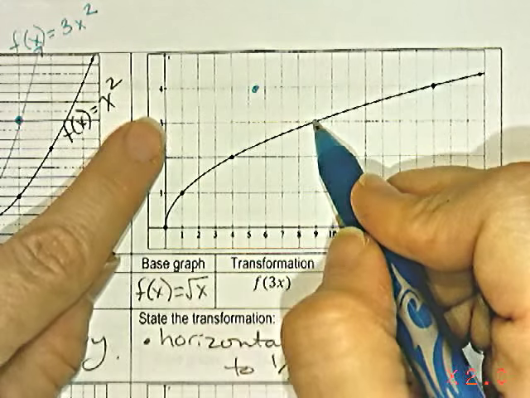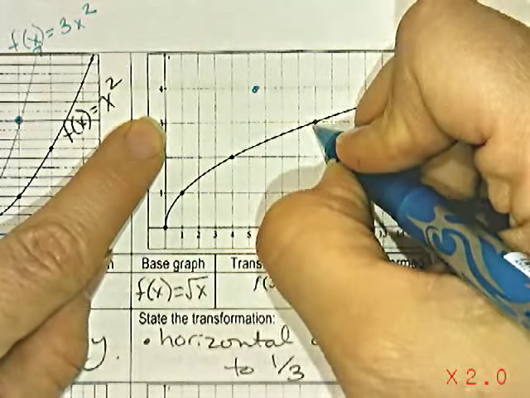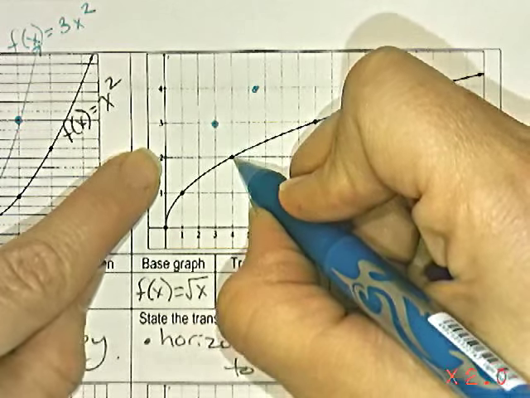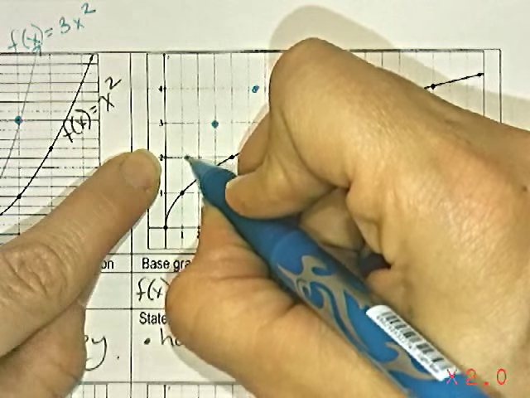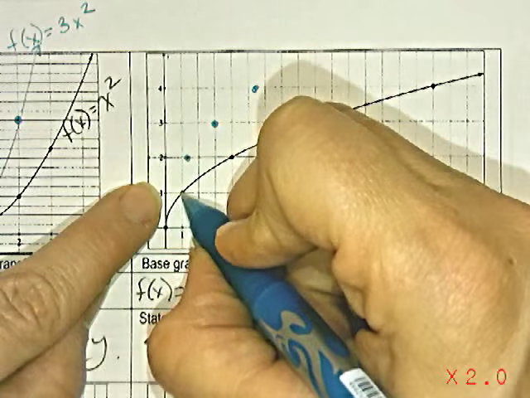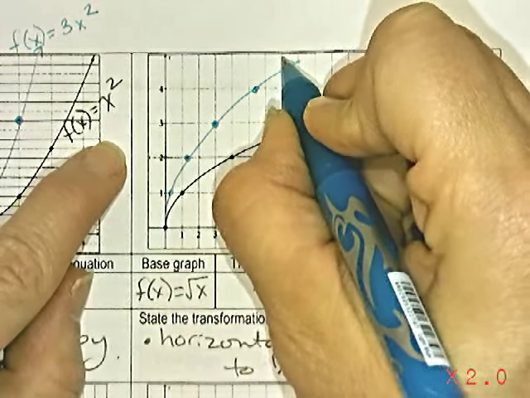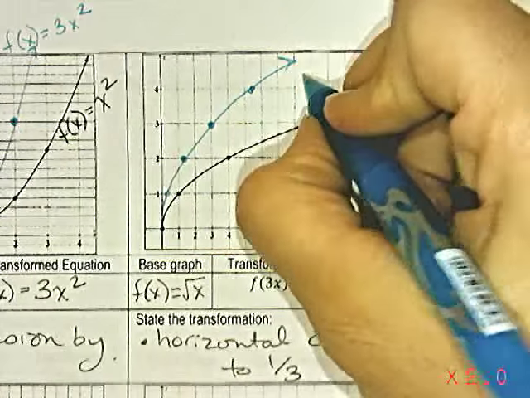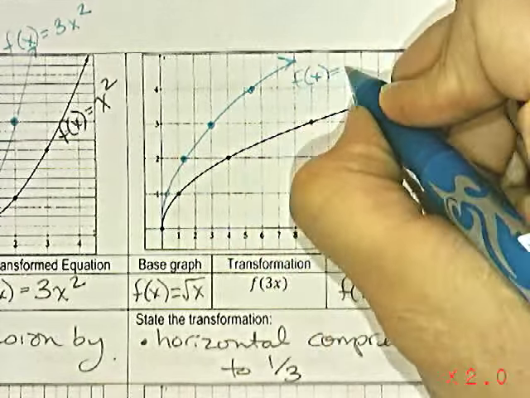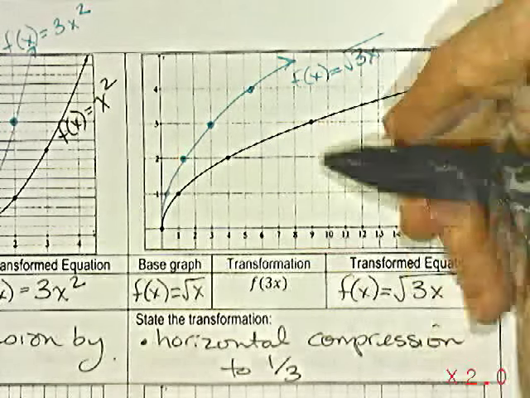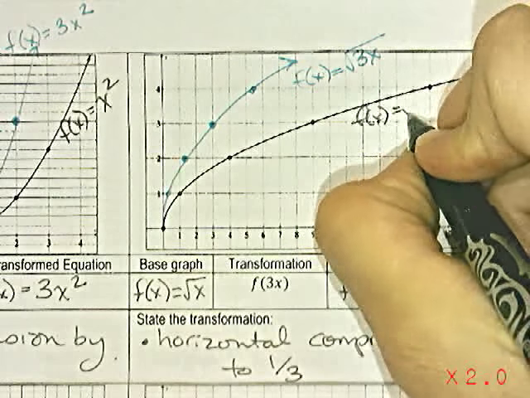We've got a nice 9 divided by a 3, going back to a third of what it was. 4 divided by 3 is 4 thirds, which is 1 1/3. A 1 divided by 3, taking it back to a third, and so we get this horizontal compression a third of the way back. So we've got a square root of 3x, whereas this is just our f at x is equal to square root of x.